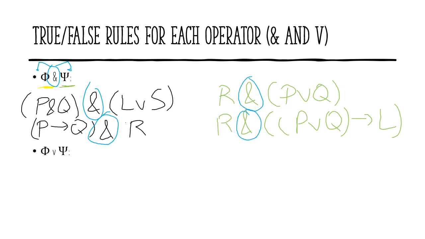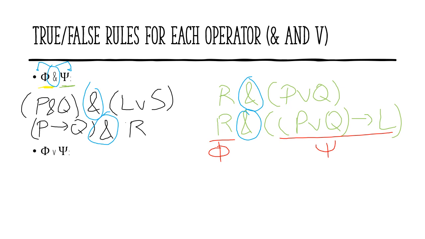What these meta variables stand in for is the left side and the right side. So we could treat this as a psi, we could treat this as a phi. The same rules will apply when we're saying which side is true, which side is false.